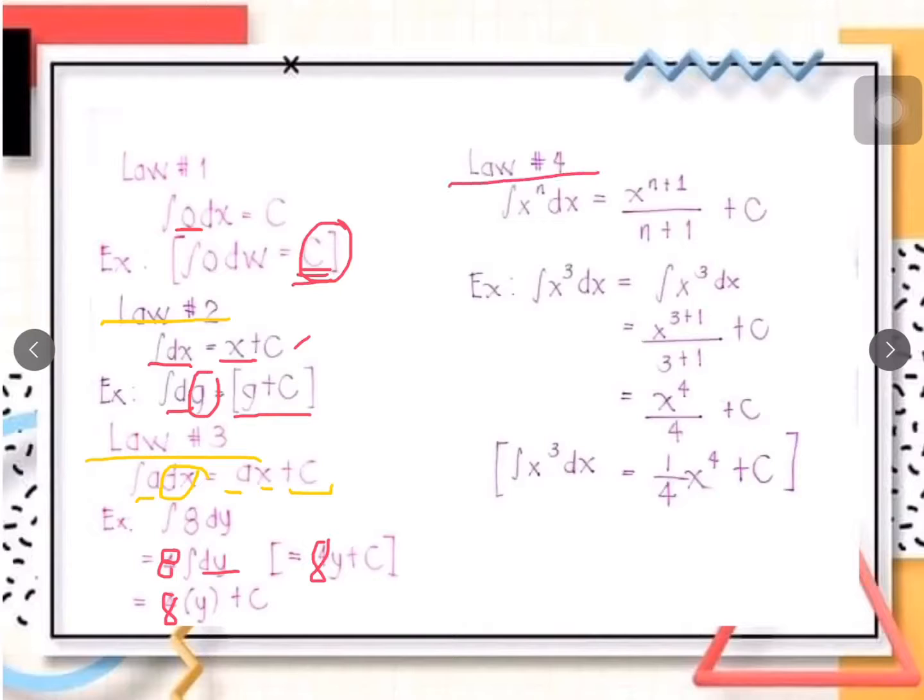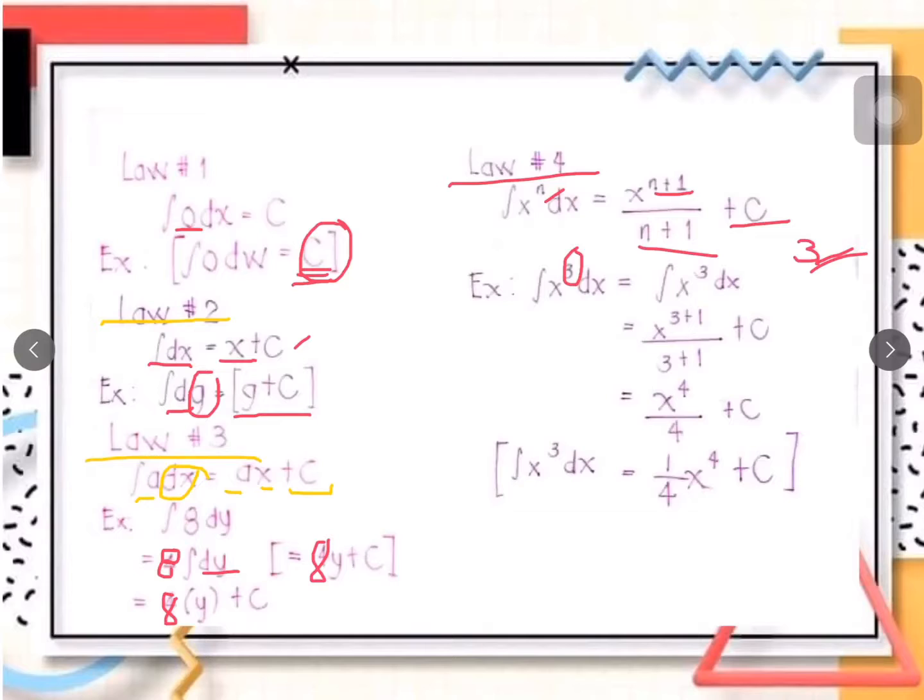Next, law number 4. The integral of x raised to n dx, where n is our exponent, is equal to x to n plus 1 over n plus 1 plus arbitrary constant c. Now, example, the integral of x to the third, 3 is our exponent.